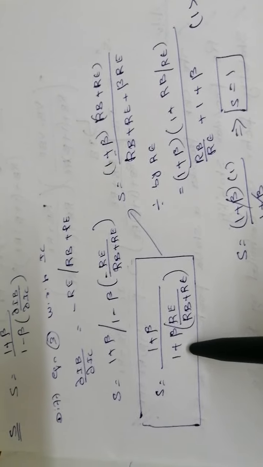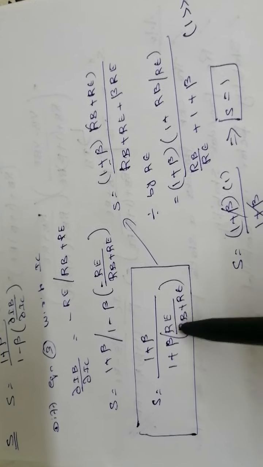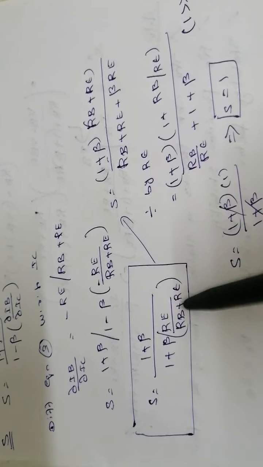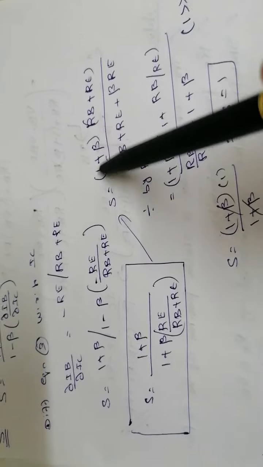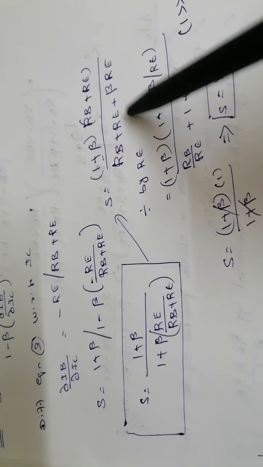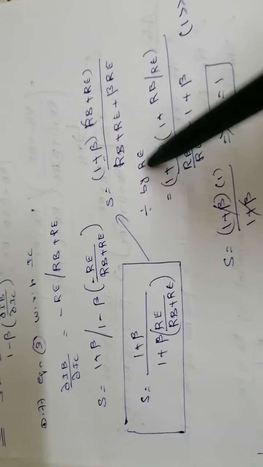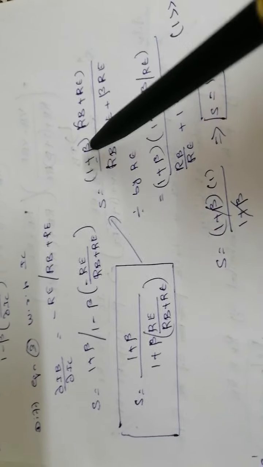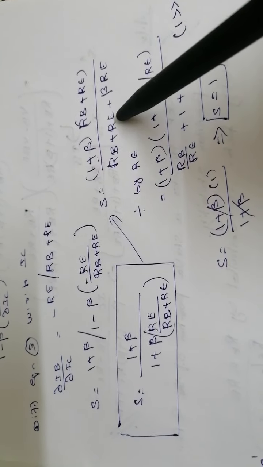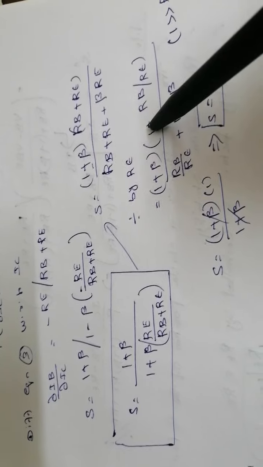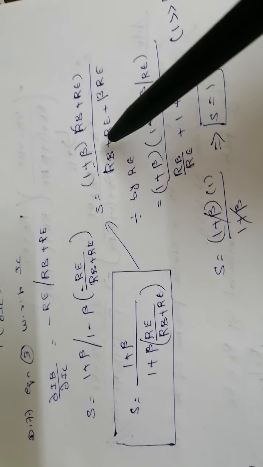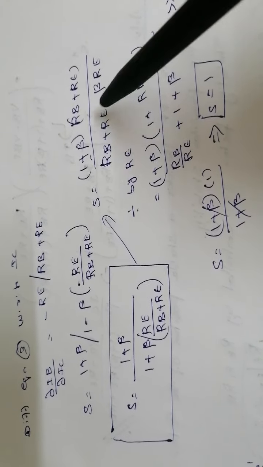So here take the LCM, we get 1 plus beta, the denominator term goes to the numerator, RB plus RE divided by RB plus RE plus beta RE. Now divide by RE in the whole equation. So 1 plus beta into RB by RE plus RE by RE, equal to 1, divided by RB by RE plus RE by RE equal to 1 plus beta into RE by RE equal to 1.